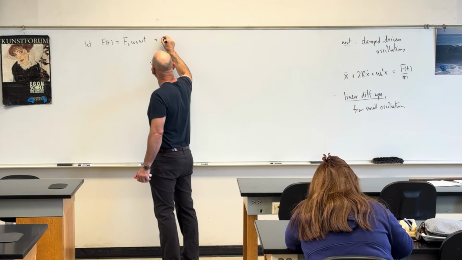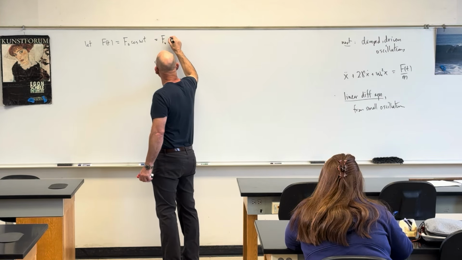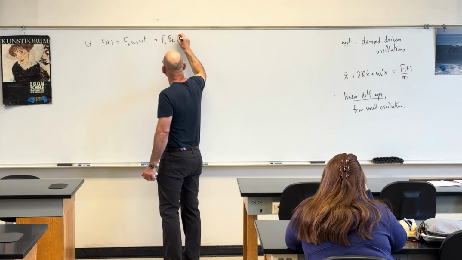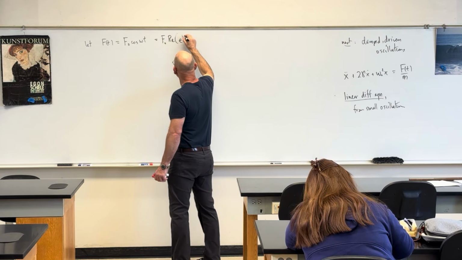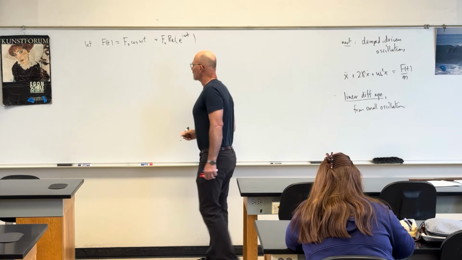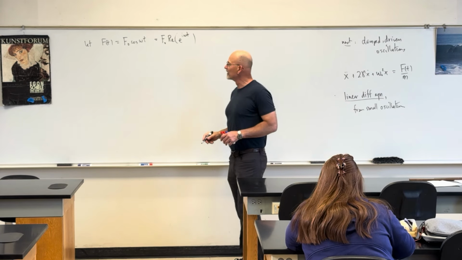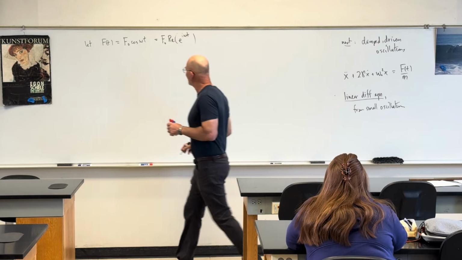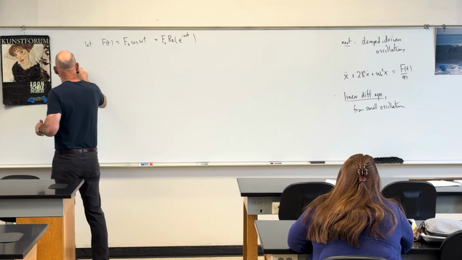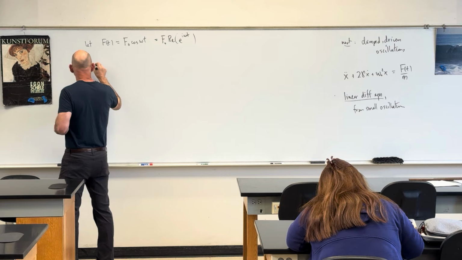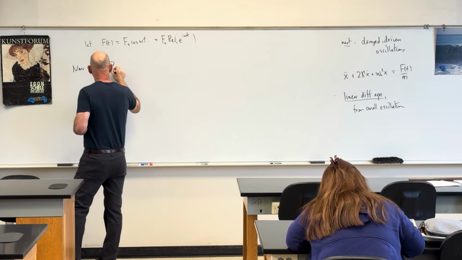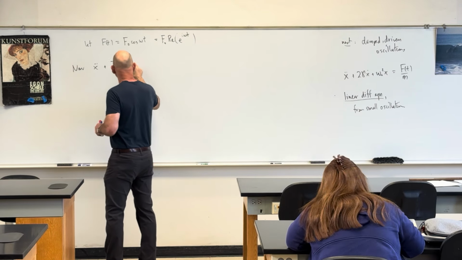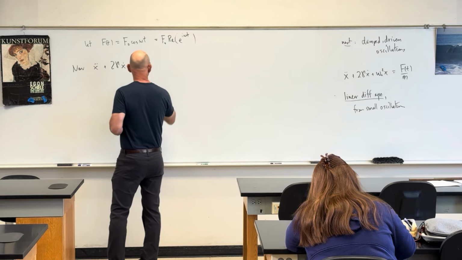That's going to be f naught times the real part of e to the i omega t. So remember, this is the driving force, and if we implement that right here, now we have x second derivative, 2 gamma x first derivative, omega naught squared x.